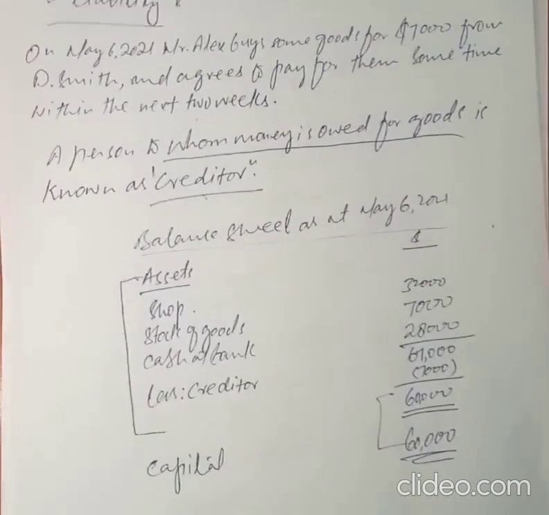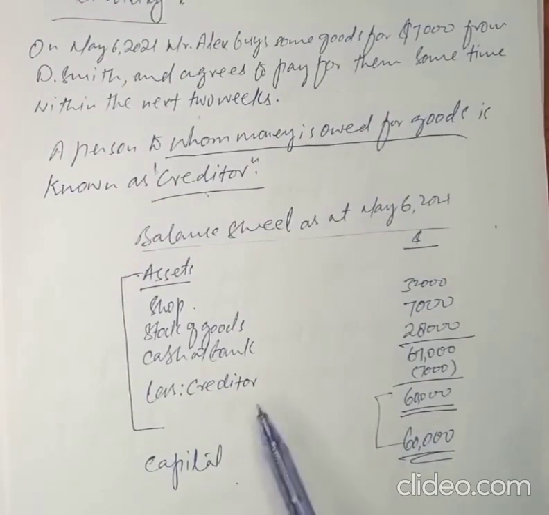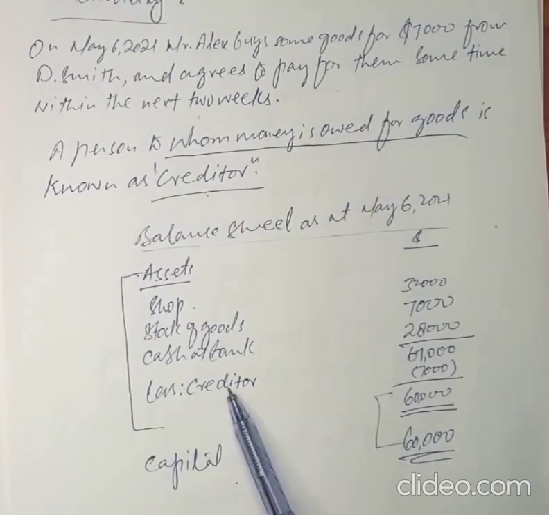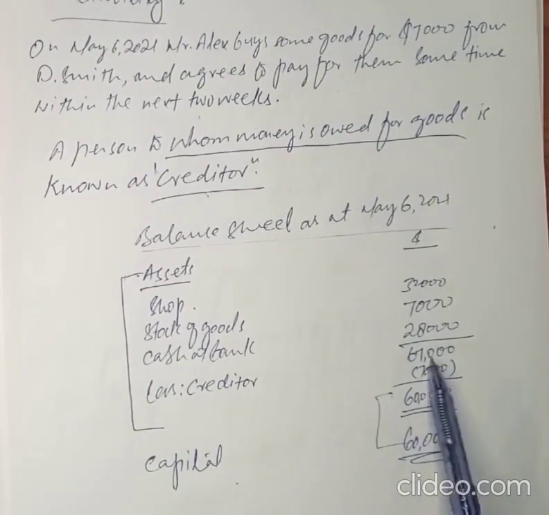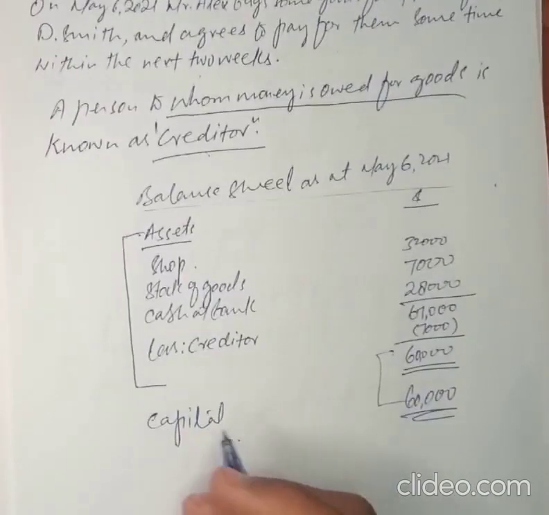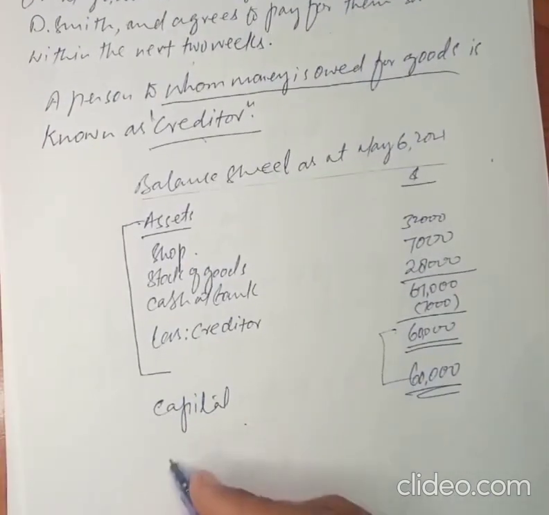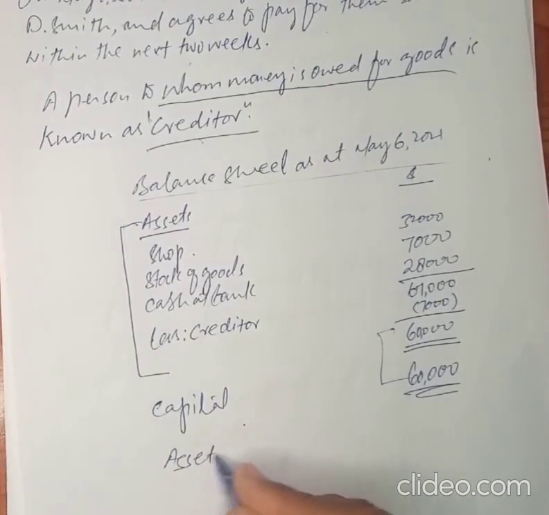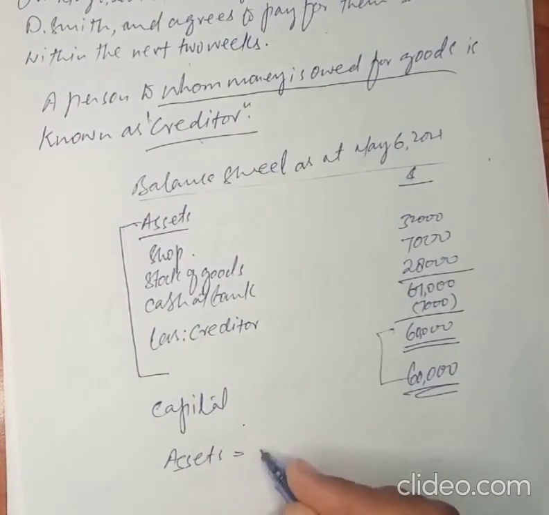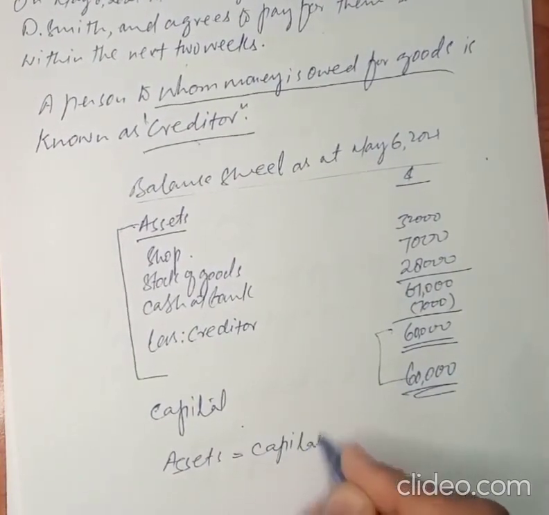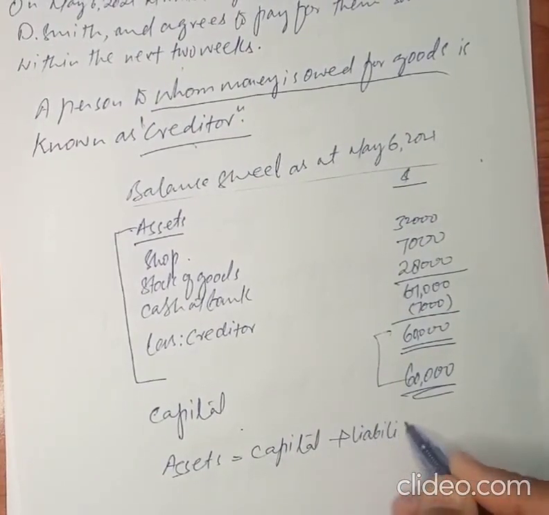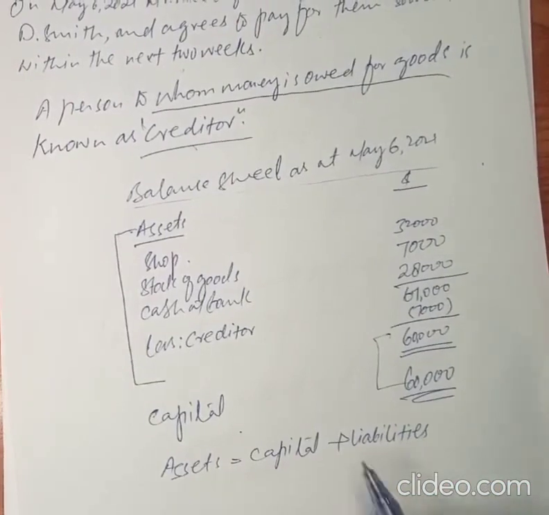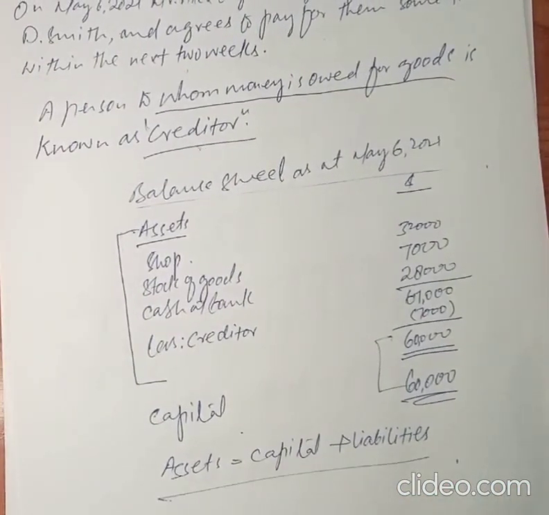So now you will ask, why are we deducting this creditor, this liability, from these assets? Initially we learned about the accounting equation: assets equals capital plus liabilities, right? This is the accounting equation.